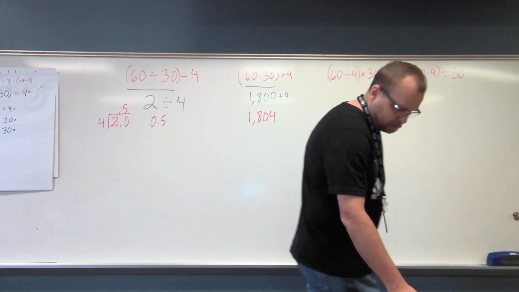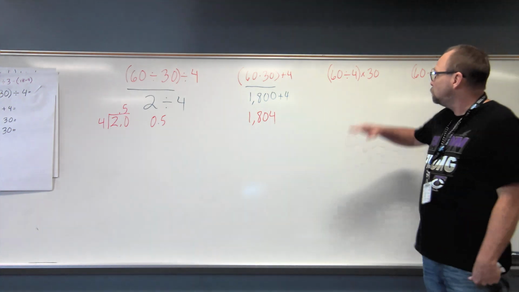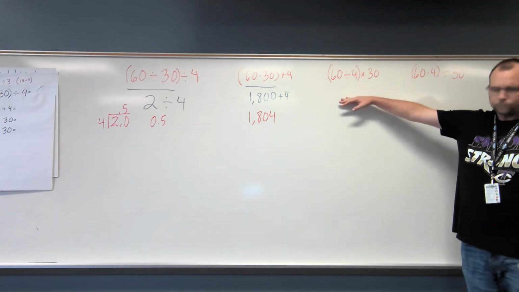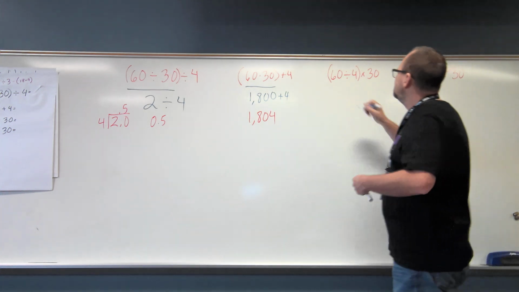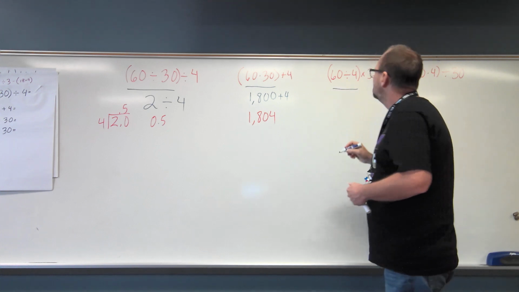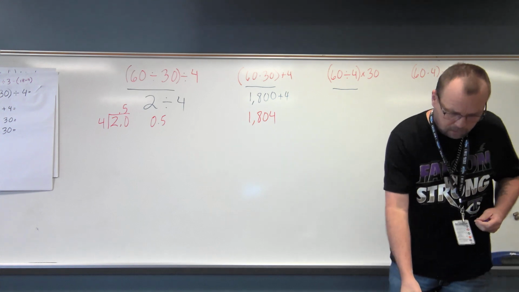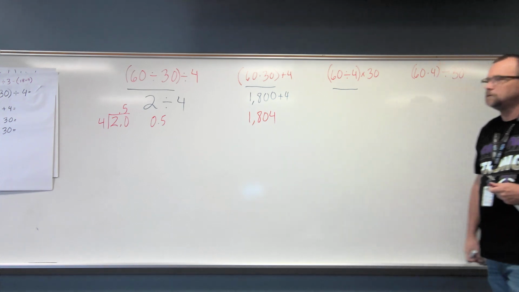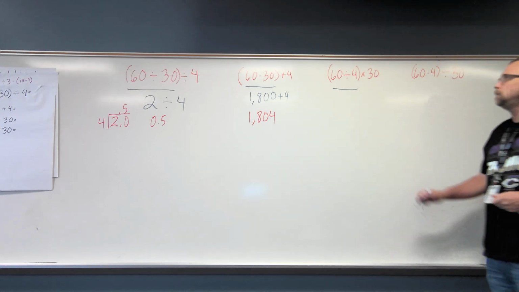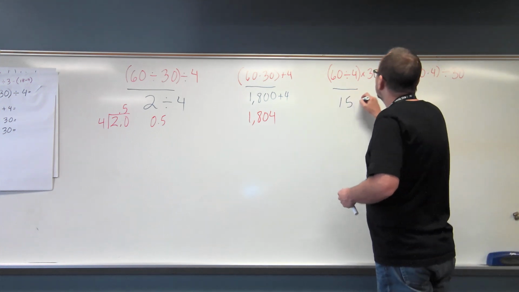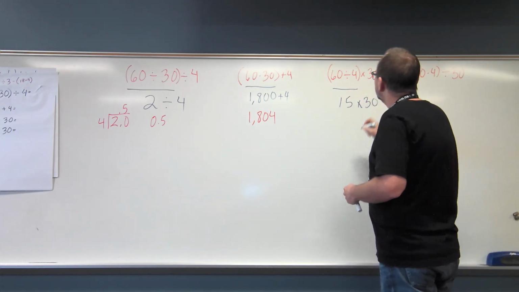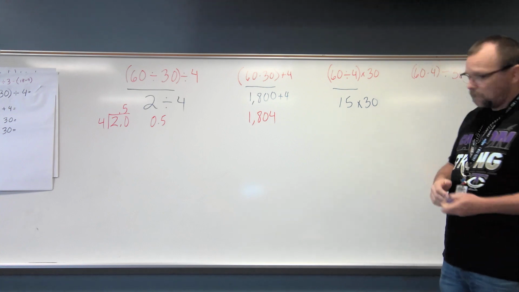Next we have Caitlin. Where do I start here? 60 divided by 4. Do you know that answer? Have you figured that out yet? Soraya, what is 60 divided by 4? 15. So now we have 15 times 30.